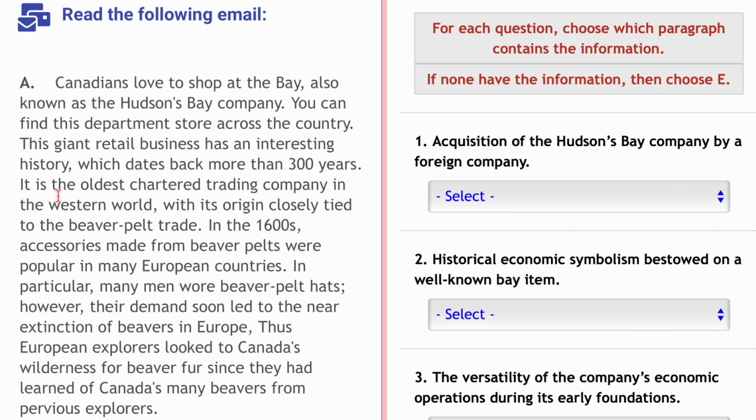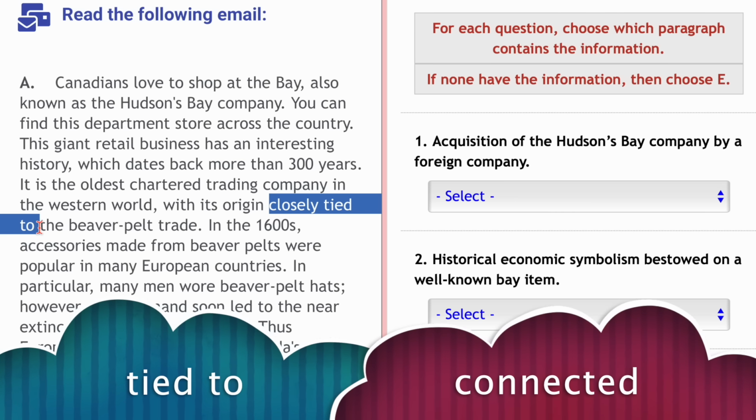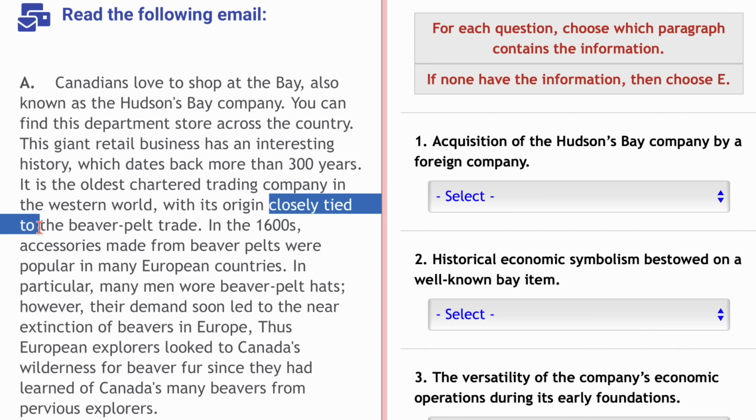Wow. It is the oldest chartered trading company in the Western world, with its origin closely tied to the beaver pelt trade. Interesting. So, wow, I didn't know it's the oldest retail business, or chartered trading company, with its origin closely tied to, that means connected to, the beaver pelt trade, part of the history of Canada.